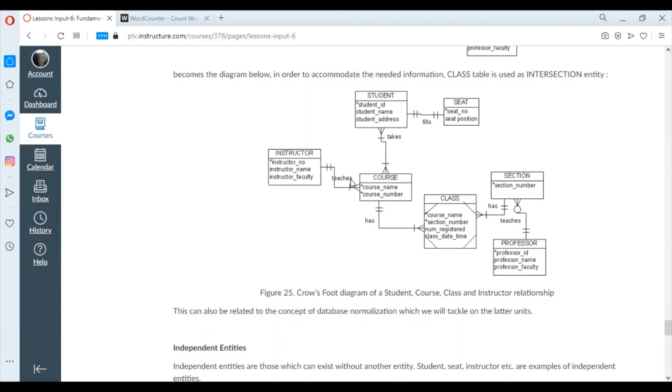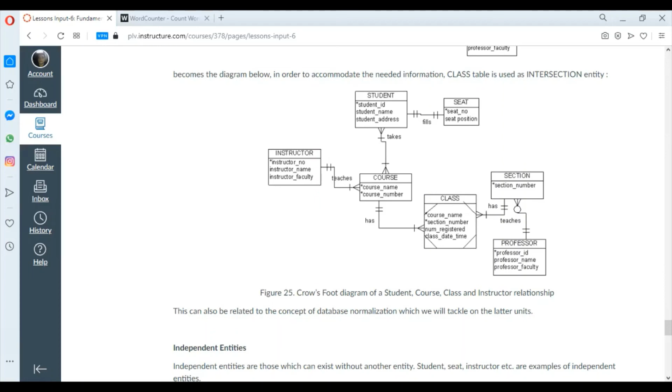But for other examples, one or many, zero or many, one or many. We also have zero or one. Always remember that.